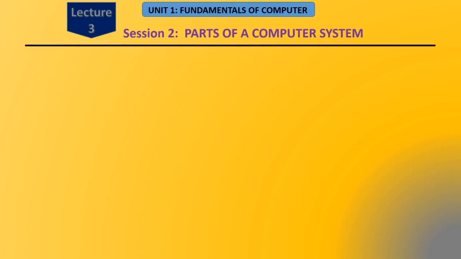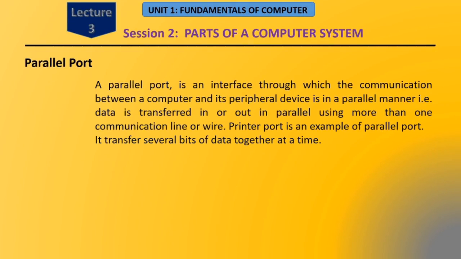Next type is parallel port. A parallel port is an interface through which the communication between a computer and its peripheral device is in a parallel manner, that is, data is transferred in or out in parallel using more than one communication line or wires. Printer port is an example of parallel port.